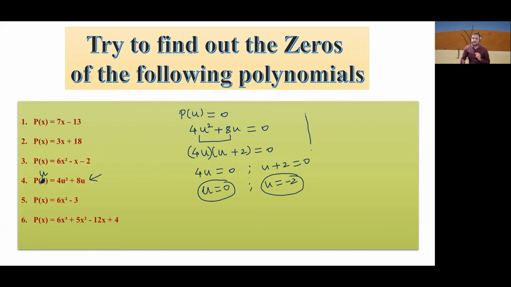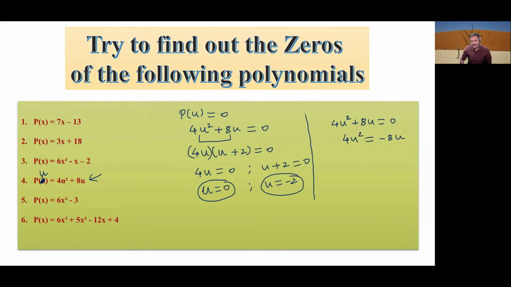Now some people might do it like this also. See what you can do, some people do this. Now what we are having, 4u square plus 8u is equal to 0. So 4u square you keep on LHS and 8u you put on RHS, so it becomes minus 8u.